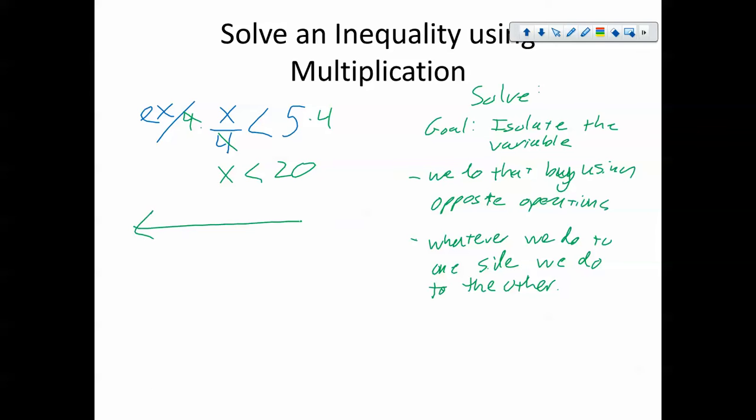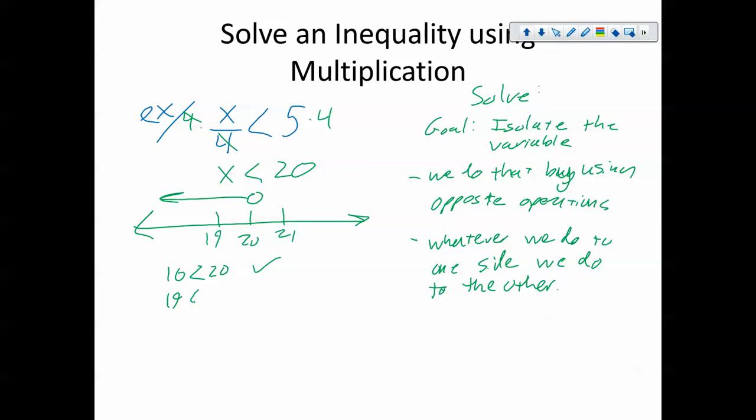And we can graph that. We have 20 here, and 21, and 19. So we have an open circle at 20, and then x is everything smaller. And what that says is, any value smaller than 20, if we were to plug it in up here, would create a true statement. If I plug in 10 for x, that's a true statement.